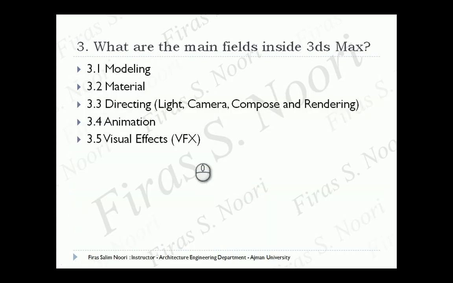Now, what are the main fields inside 3D Studio Max, or when you are working with 3D Studio Max, what do you expect to work with? This is really a nice question, and you must understand that, because it looks like 3D Studio Max is almost five software living and working inside each other.